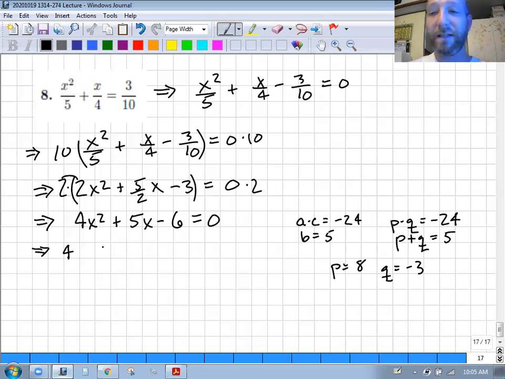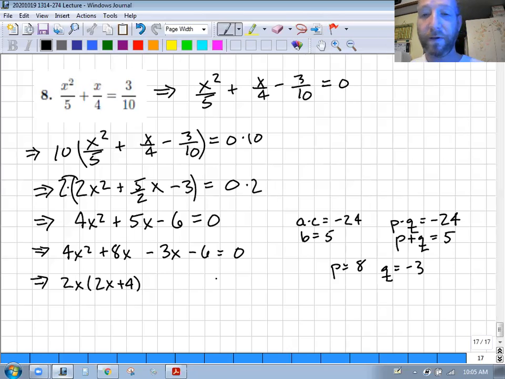So let's rewrite this 5x as an 8x minus 3x. Looking at these first two terms, if I pull out a 2x, I get a 2x plus 4. And looking at these second two terms, if I pull out minus 3, I get an x plus 2. So that didn't work.